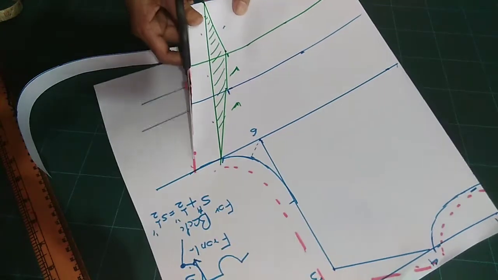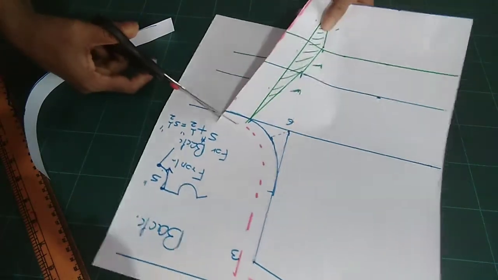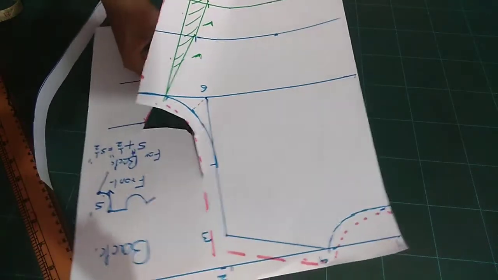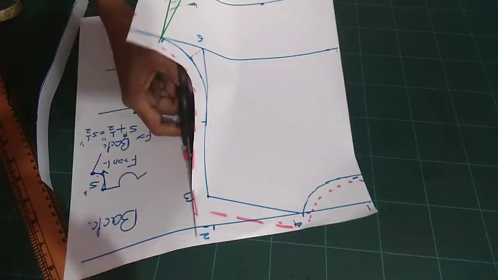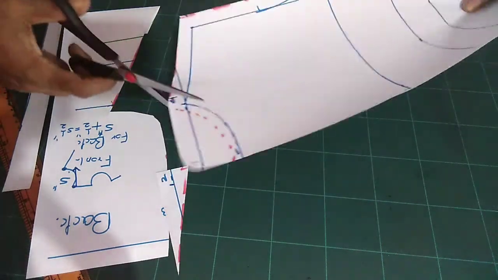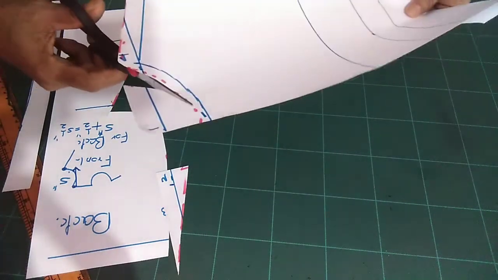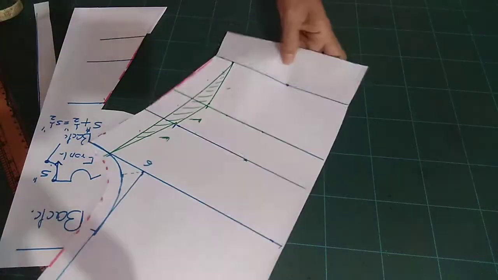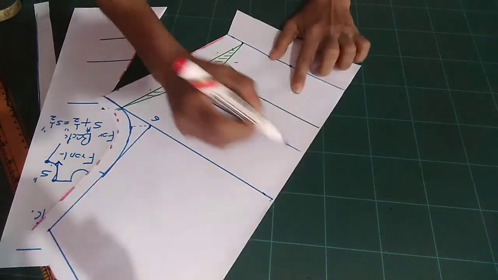Side, armhole, shoulder, neckline. Okay, this is my back part. Okay, fold.